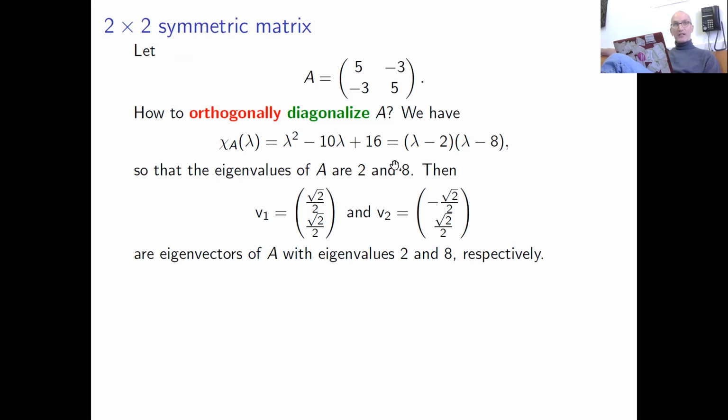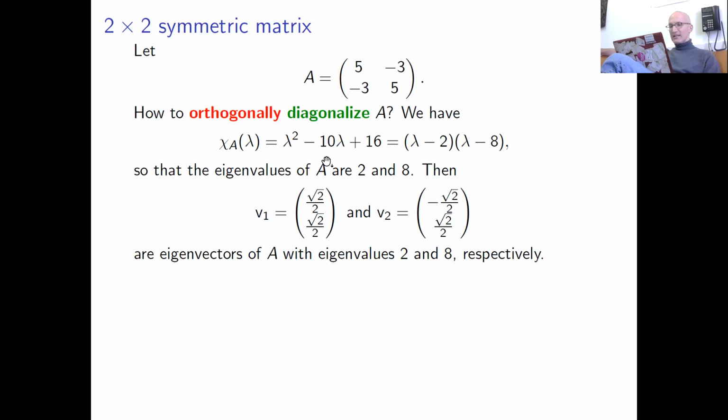Then we find the eigenvectors that correspond to these eigenvalues. We already know that they're going to be linearly independent, from the previous week, because they correspond to different eigenvalues. But we also know from the proof of our theorem, which we just gave, that these vectors are going to be orthogonal.